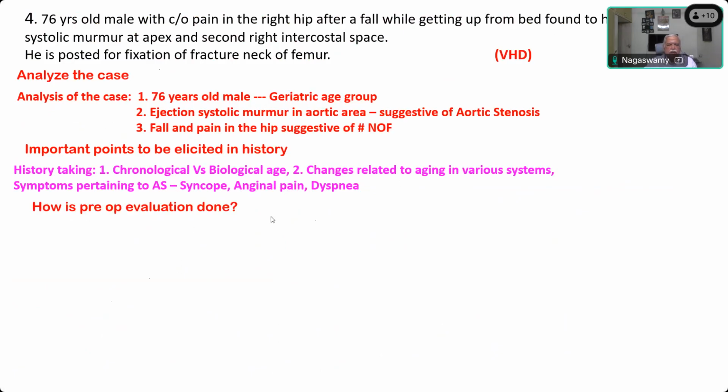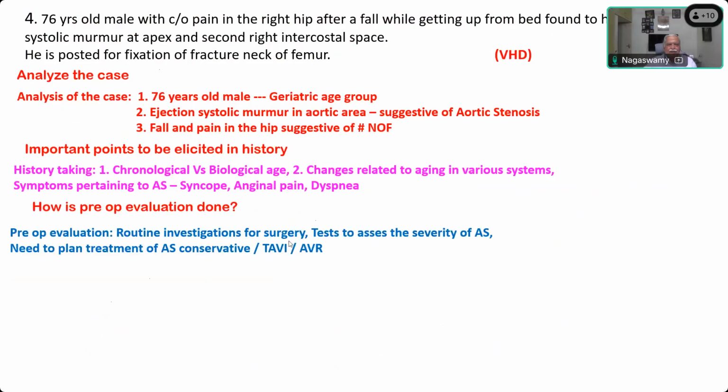So how is pre-op evaluation done? Echocardiography and ECG, sir. Pre-op routine investigations for surgery plus tests to assess the severity of AS, and to plan whether the treatment can be conservative or you have to go for the current recommended treatment of TAVI or open AVR.